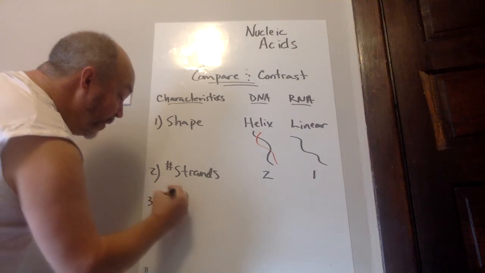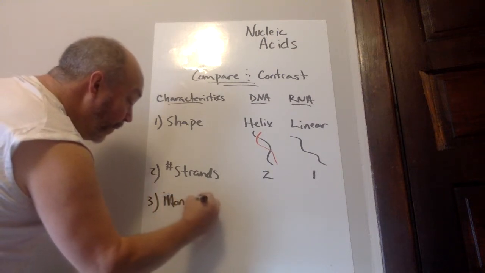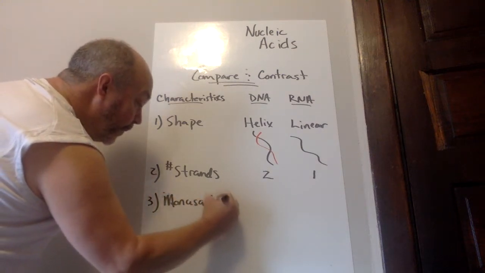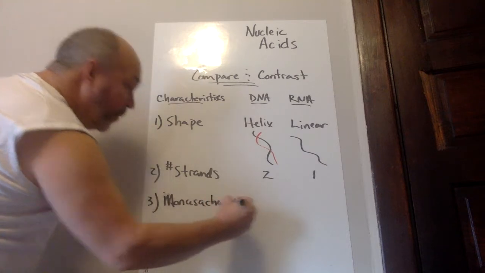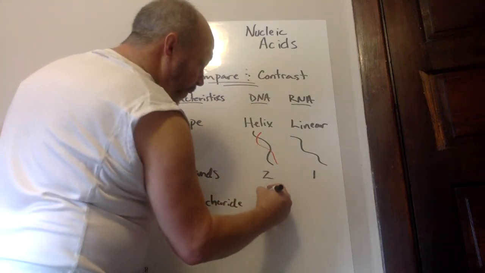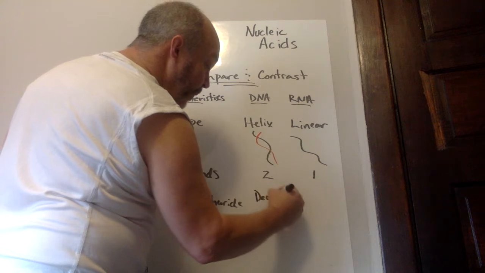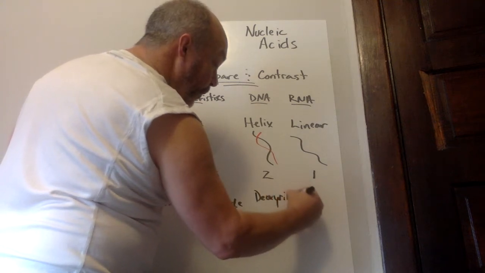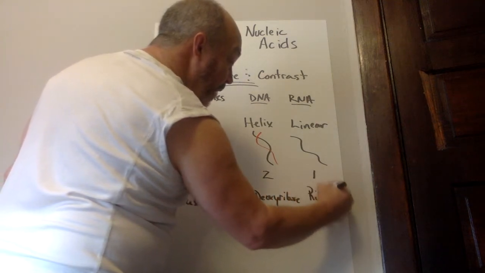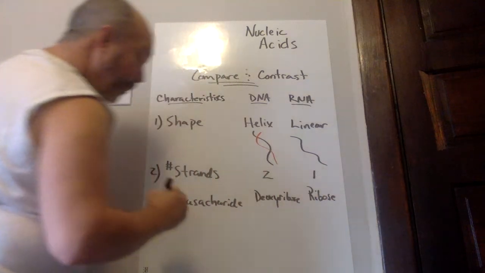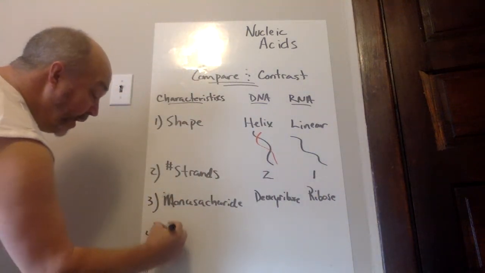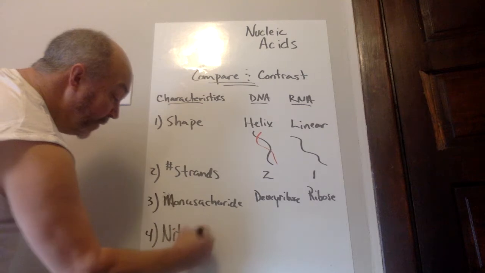Another characteristic is the monosaccharide. Here we have deoxyribose. Here we have ribose. And then a fourth characteristic is those nitrogenous bases.